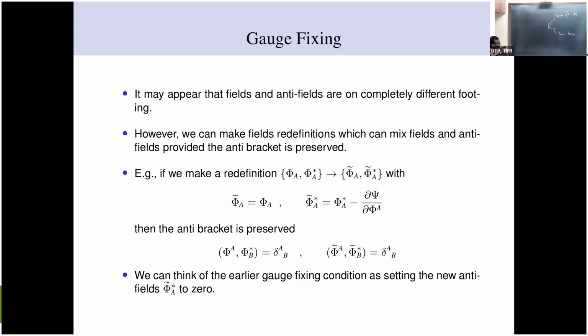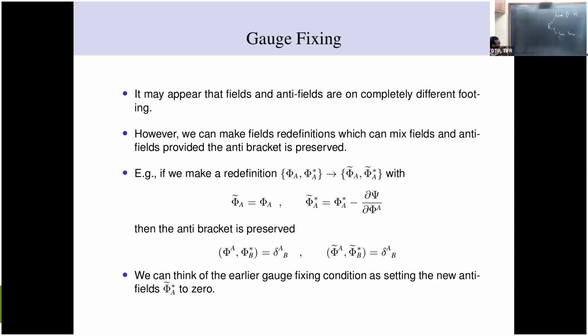In the original system, the anti-bracket of phi A and phi star B is simply delta AB, and in the new system, phi tilde A and phi tilde star B is also delta AB. So this is an allowed transformation, like a symplectic transformation, yes.